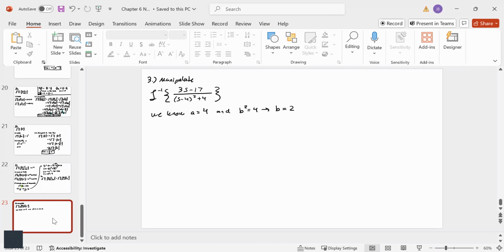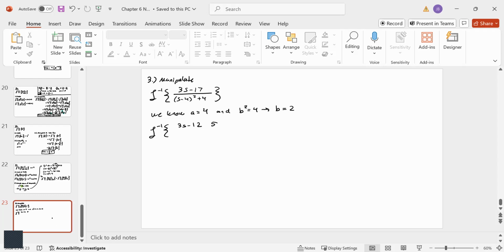Okay? And here's the tricky part. How do I do that? Well, you can do it two ways. You can do fancy algebraic manipulation tricks. I'll show you the way that they do it in the solution key. They're going to say, you know that I want 4 in the numerator, right? So they're going to rewrite it as 12 minus 5. Sorry, incorrect.